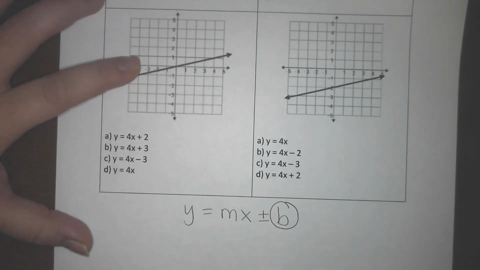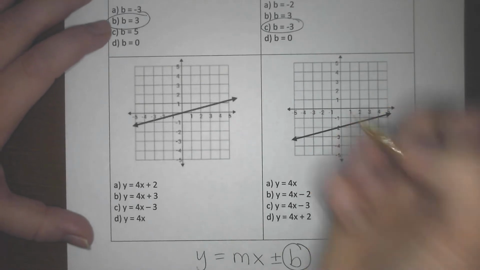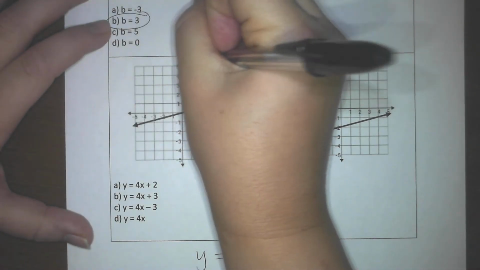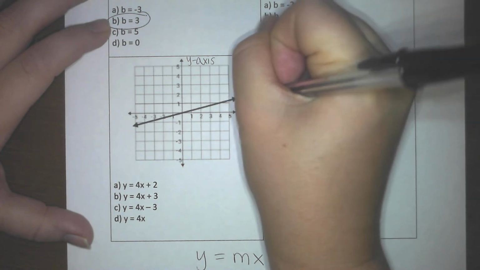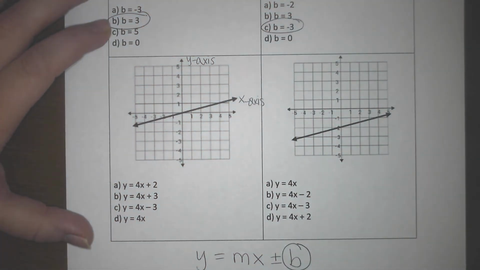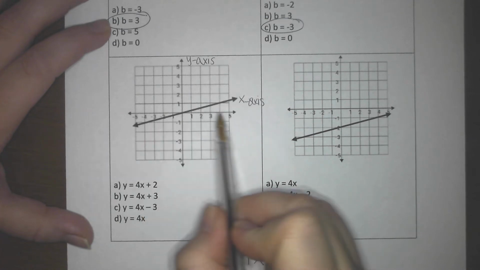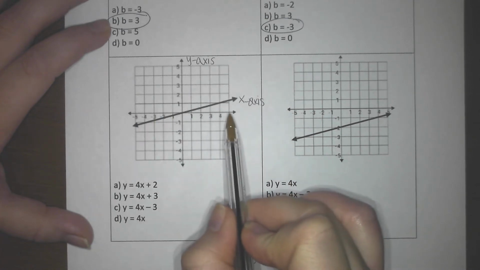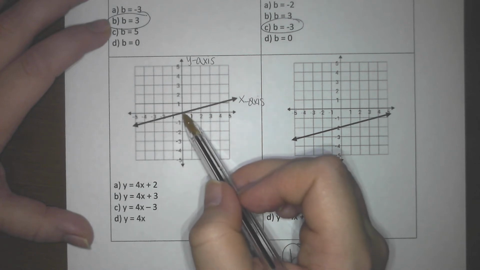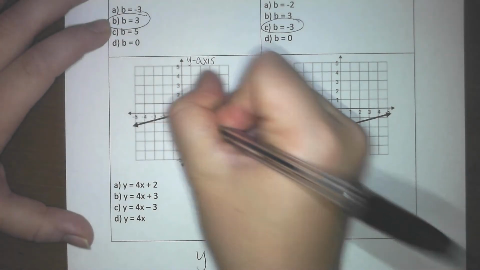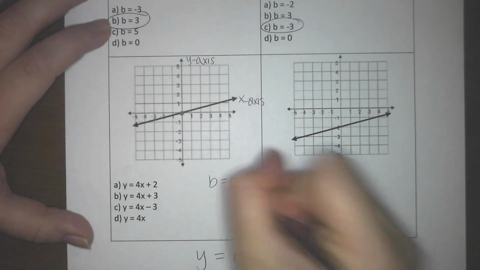So for this one, what is my y-intercept? I have my y-axis and my x-axis. I don't care about the x-axis. On the y-axis, the only point where it's crossing is right here at 0. So I'm going to say that b equals 0.